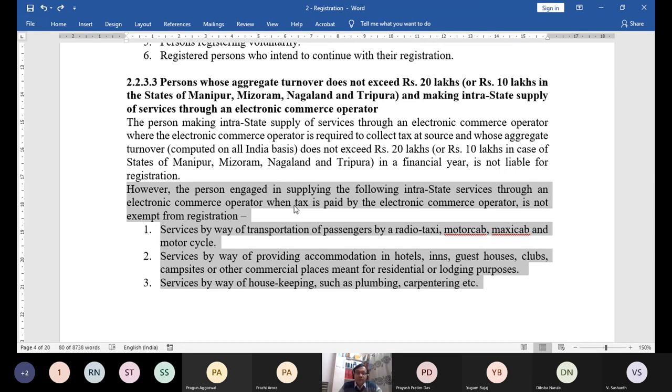However, if you are a supplier of services of transportation of passengers, housekeeping and accommodation, then even if your aggregate turnover does not exceed the limit, even if you are supplying only intrastate services, still you cannot take the benefit of this exemption. But whether you are liable to take registration or not, you check other sections. Section 23 will not say anything on this point.